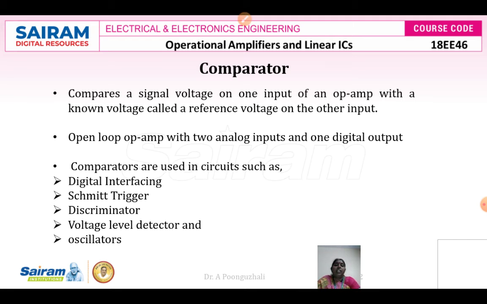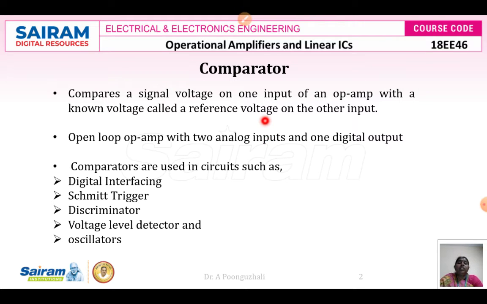So here, as the name specifies, a comparator is nothing but something that is going to compare two signals. You know that your op-amp consists of two inputs. To one input, you are going to give the reference voltage, and the other input is going to be the signal voltage. So a comparator is going to compare the signal voltage at one input with the reference voltage at the other input.